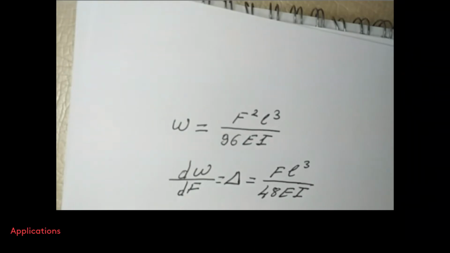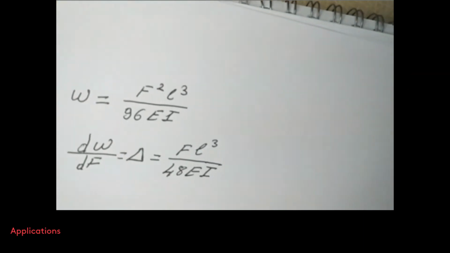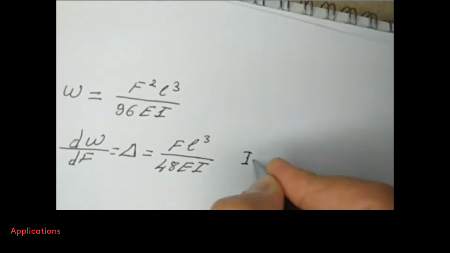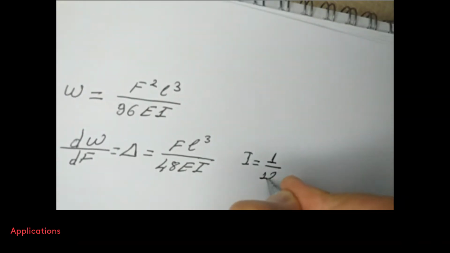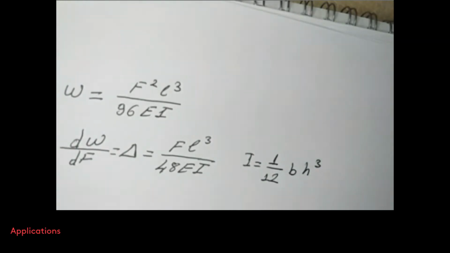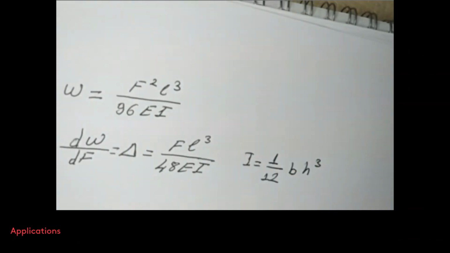In fact, the bending moment of inertia is 1 over 12 B H cubed. This is with respect to the center of the cross section. So we know B is given in the problem. We need the Young modulus.